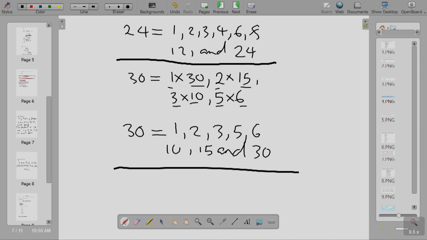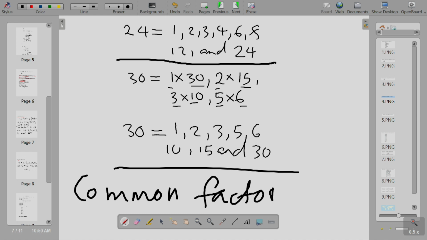So from these two numbers, the common factors are the numbers that appeared in both of them.